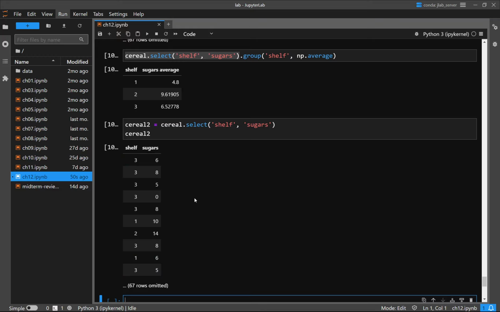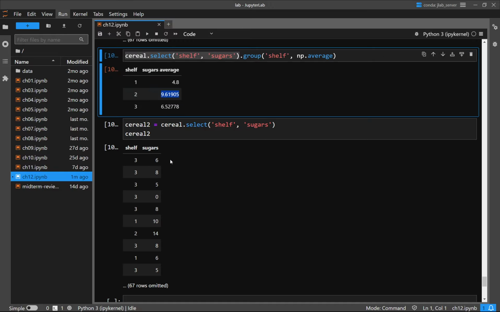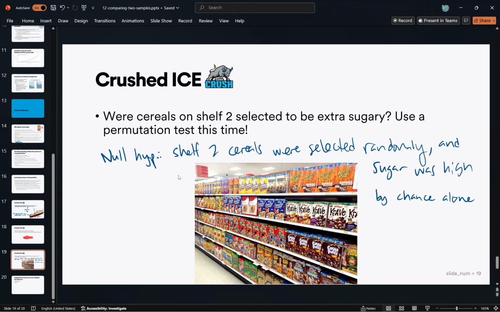We should see similar amounts of sugariness sometimes. Yeah, we should see this 9.62 or even worse appear. If it really was just random, then this shouldn't be too unlikely, right? This shouldn't be too unlikely to randomly get. And that's how we simulate, okay?